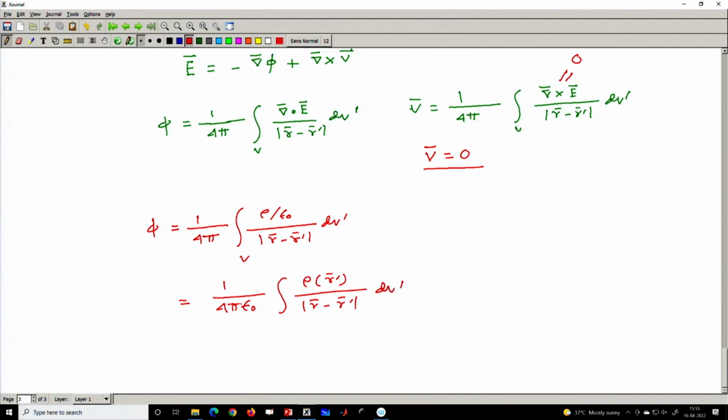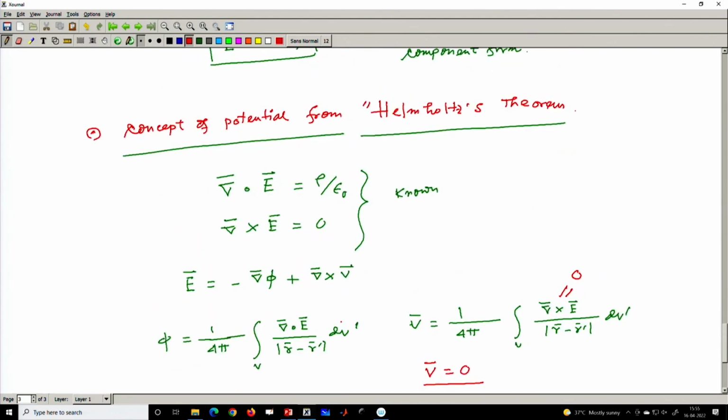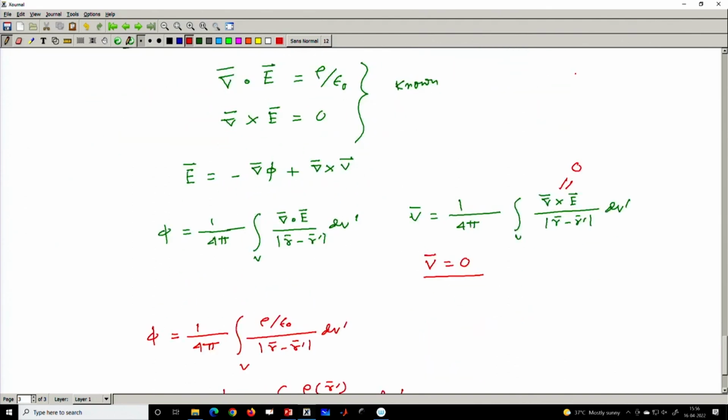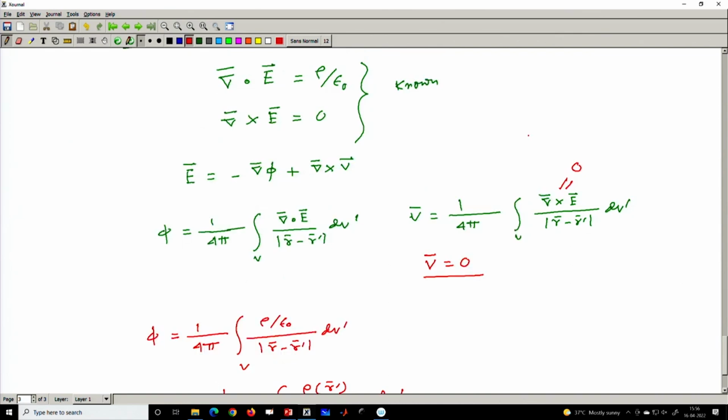Note it, all this calculation or whatever derivation we have done, we did on the basis of the Helmholtz theorem, because in the Helmholtz theorem it was already mentioned that if you have the information of the divergence and curl of a given vector field E, then the vector field E in general is decomposed into two parts: a minus gradient of the scalar field and the curl of a vector field, where the scalar field and vector field can be defined in this way, where inside the integral I have the information of this known thing, the divergence and curl.